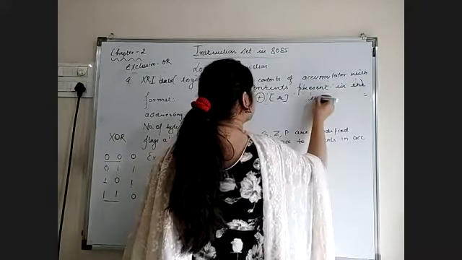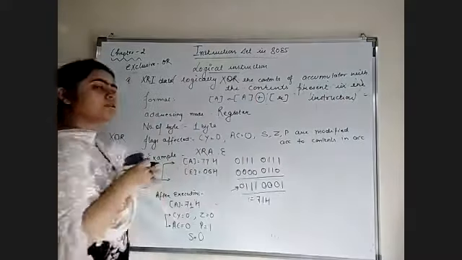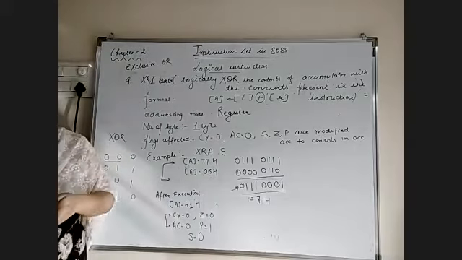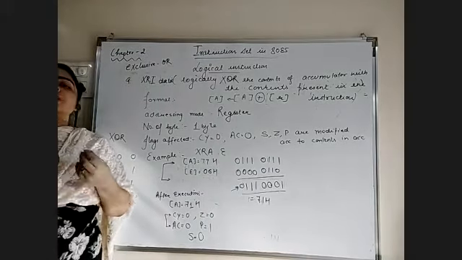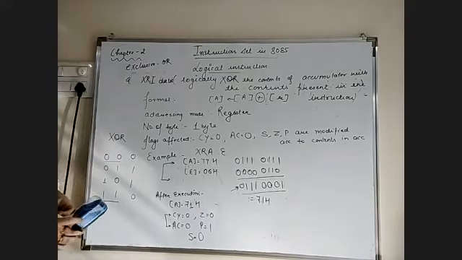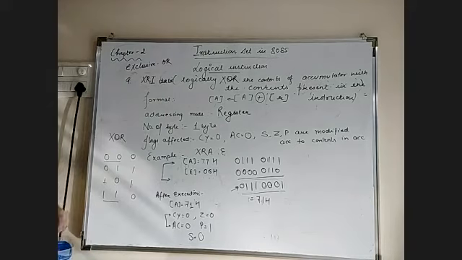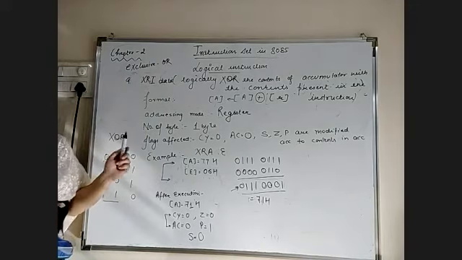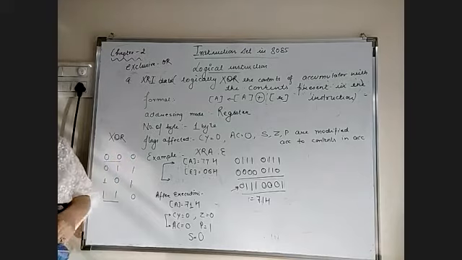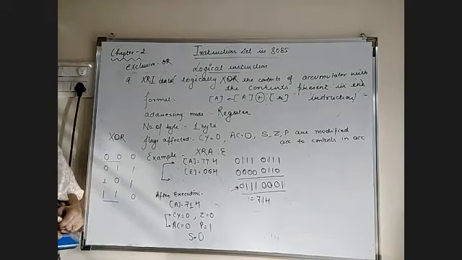Wherever I is given in the instruction, that instruction is an immediate type of instruction where data is always given, whether it is 8-bit or 16-bit data. Like the instruction LXI, where I is given, meaning some data is given. In LXI 16-bit data is given; in all the other instructions 8-bit data is given.